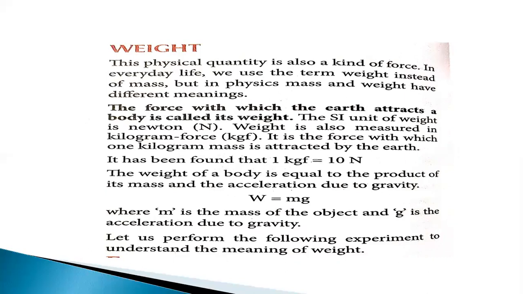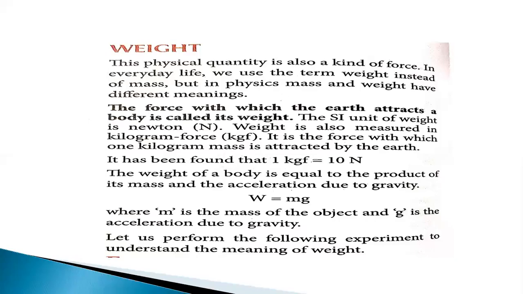Even mass does not change from one place to another place, but weight changes. Mass of a body can be expressed in different units like kilogram, gram, quintal, ton. But weight is measured in terms of Newton, kilogram force and gram force.